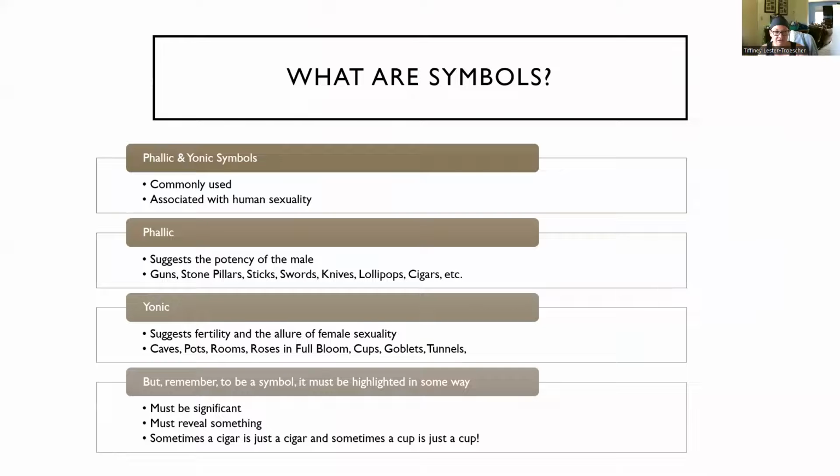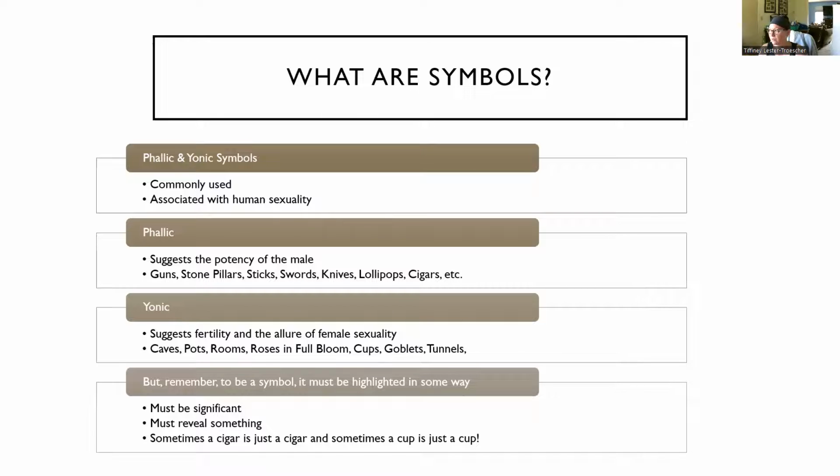So if you have a character who is smoking a cigar, that doesn't necessarily mean the author is trying to use a phallic symbol there. But if you have a man smoking a cigar, another man sucking on a lollipop, and you see multiple phallic images being used throughout the story, then you might want to pay attention and consider them symbolic in some way.